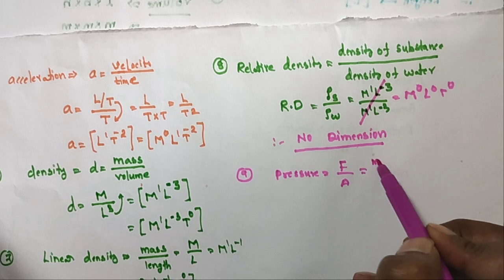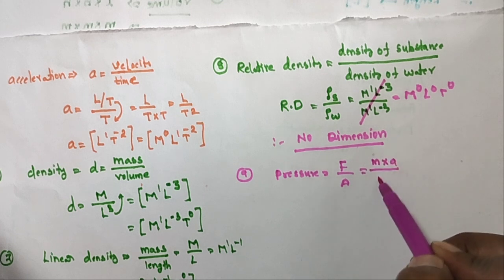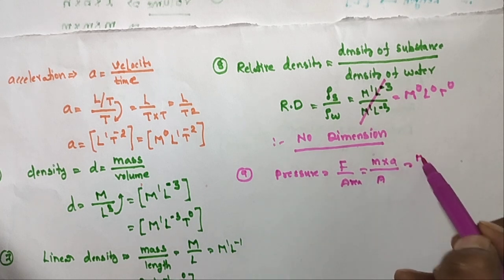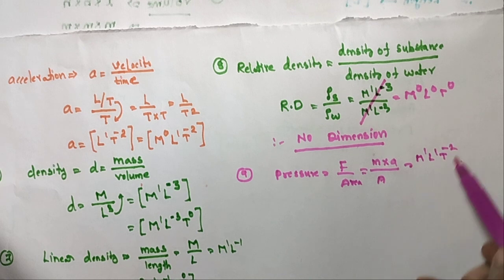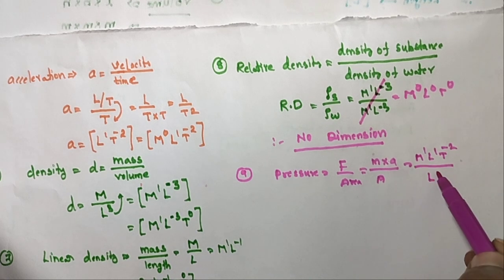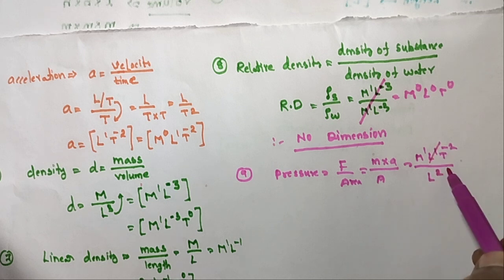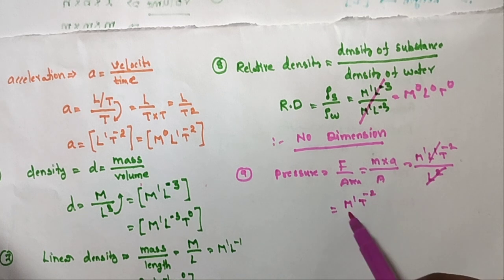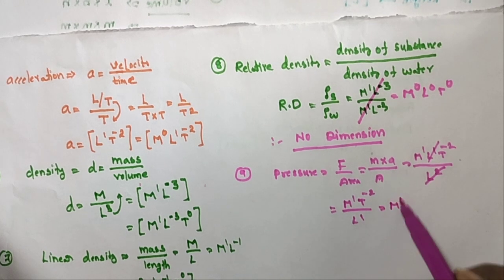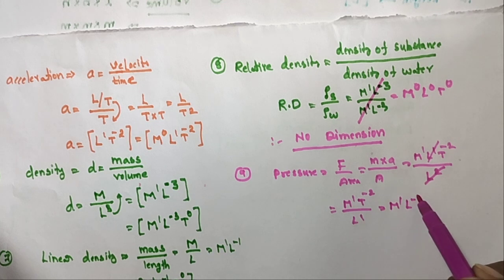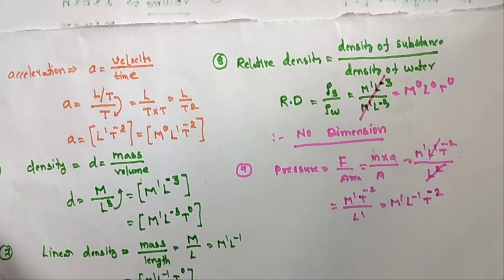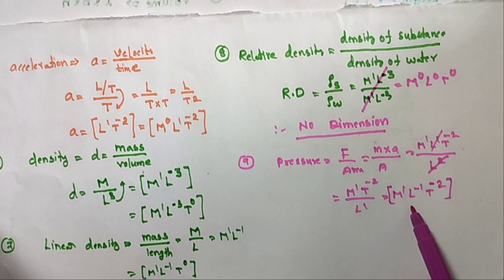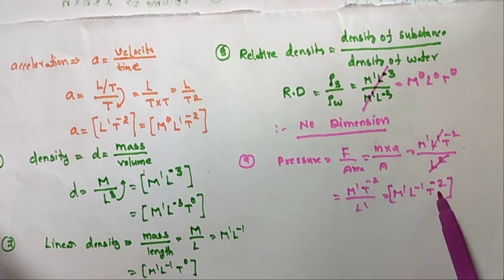So M into A by area, with mass M1, acceleration L1 t power minus 2, by area L square. So one L cancels, so that is M1 t power minus 2 L1. This L1 is going upward, so M1 L power minus 1 t power minus 2. So this is the dimensional formula of the pressure. What is the pressure dimensional formula? M1 L minus 1 t minus 2.